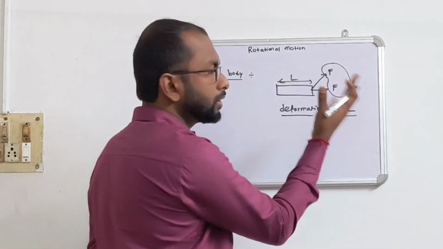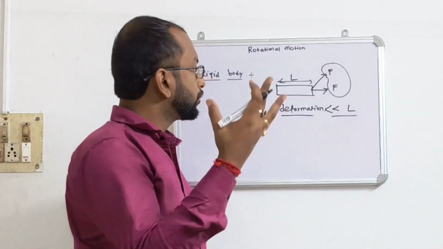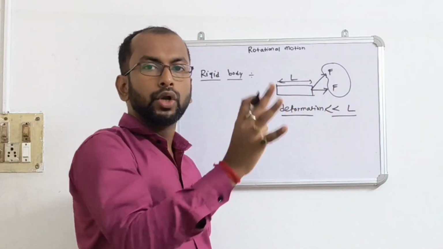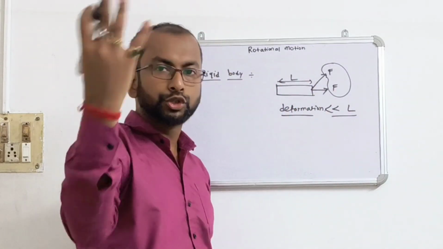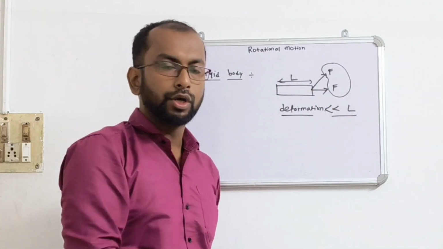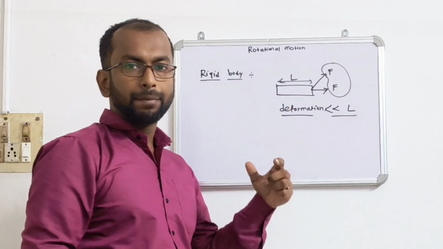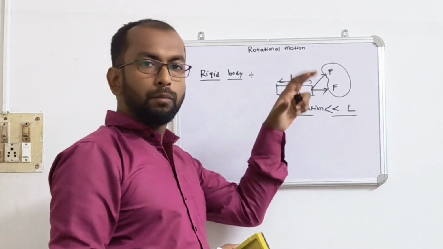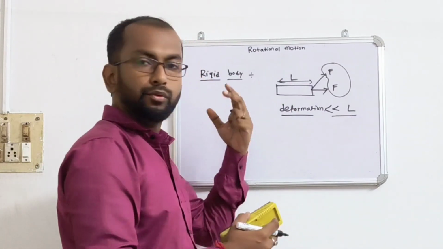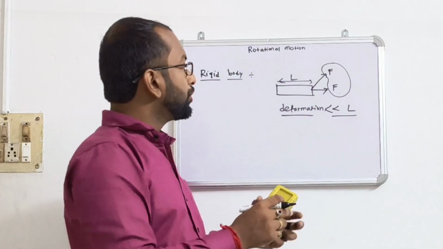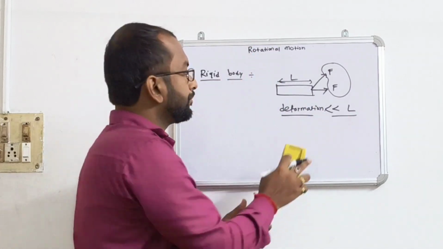Then that will also be called a rigid body. Or we can say that we will ignore the deformation of the body compared to its motion. Then that will be called a rigid body. In the rotational motion chapter, we will consider all bodies as rigid bodies, and we will consider the motion of the rigid body with respect to one axis.